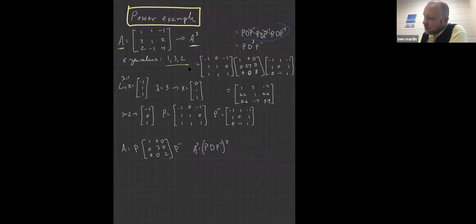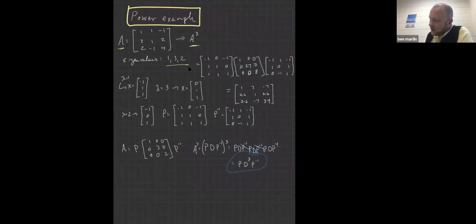that we could just write each one of those out separately. And notice that the P inverse and the P's that are next to each other cancel out. And that means that we are really going to end up talking about P times D cubed. And cubing a diagonal matrix, you just cube the entries, okay?